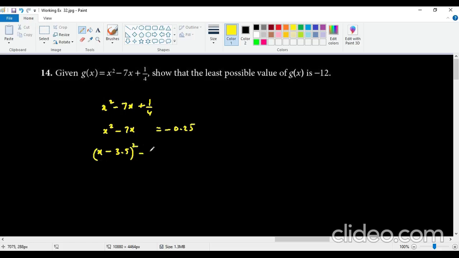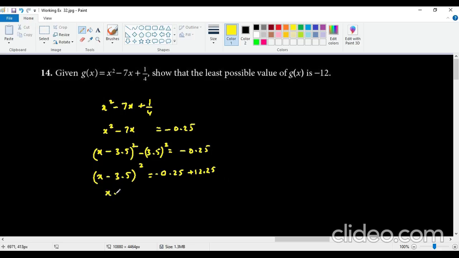and subtraction of 3.5 square equals negative 0.25. Now x minus 3.5 whole square is equals to negative 0.25 plus 12.25, because 3.5 square is 12.25.